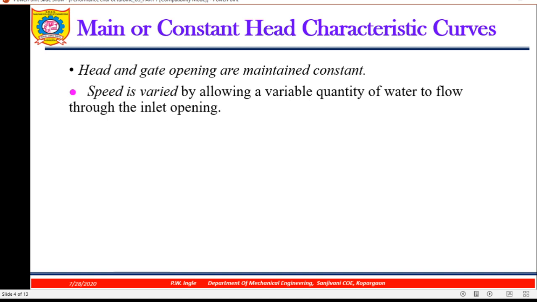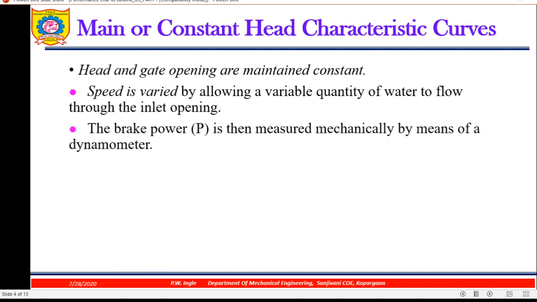In the case of a reaction turbine, you can do that by movement of the guide vanes. These guide vanes are mounted on the guide wheel, and the vanes are movable. The opening and closing of the guide vanes is operated by using a governor.